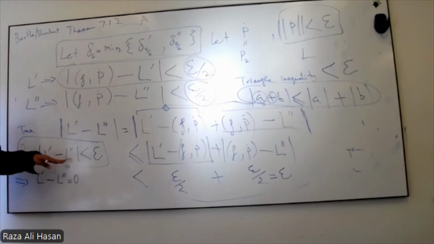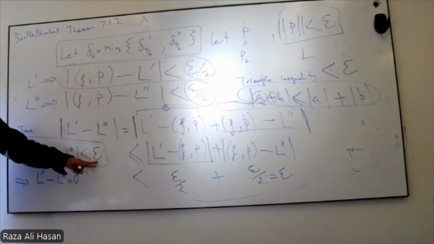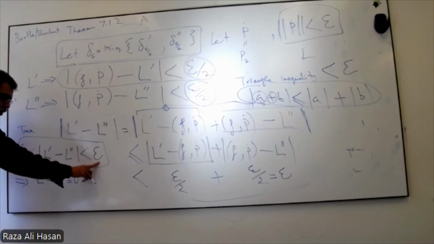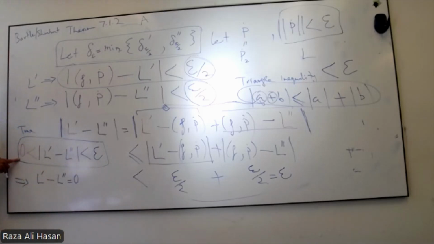Not that the difference is smaller than some very small positive number, but in fact it's actually 0. So when you're sandwiched between a very small positive number and 0 itself, the difference between these two guys is actually equal to 0.